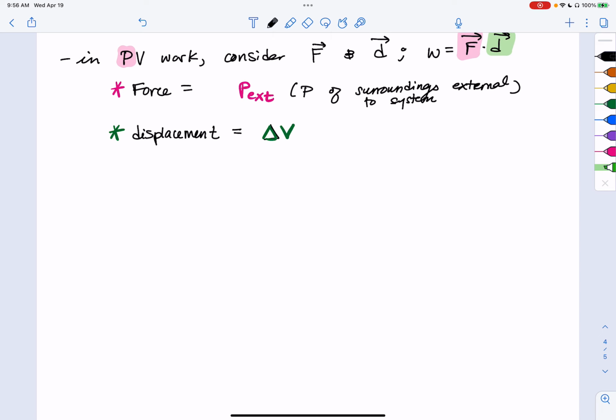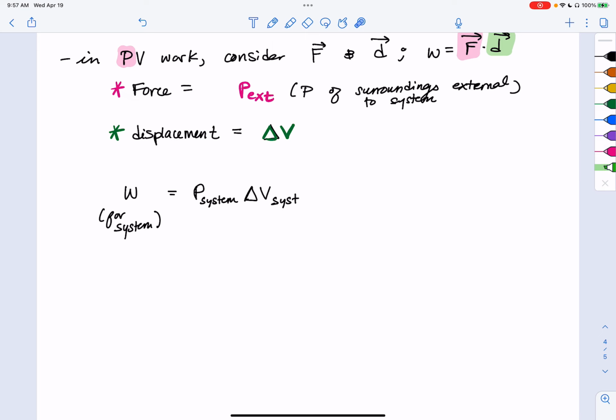So if I were to put these together and think about the work all relative to my system, if I were to just put in pressure and volume, I would say that this is the pressure of the system internal times the change in volume of the system.